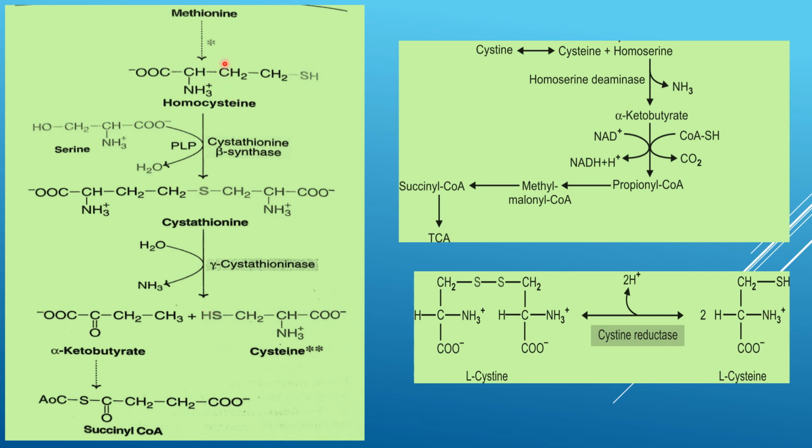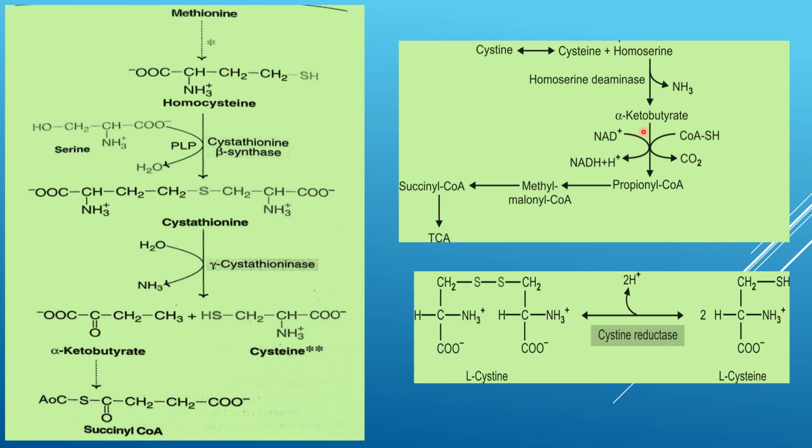This is how methionine can be converted into cysteine. And this slide shows that succinyl coenzyme A, which is an intermediate of the Krebs cycle, may be involved in gluconeogenesis and the synthesis of glucose. That's how methionine is glucogenic in nature.